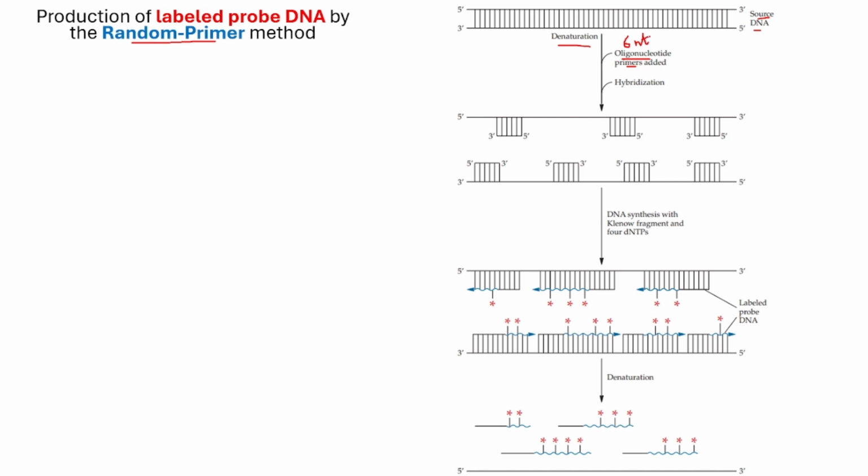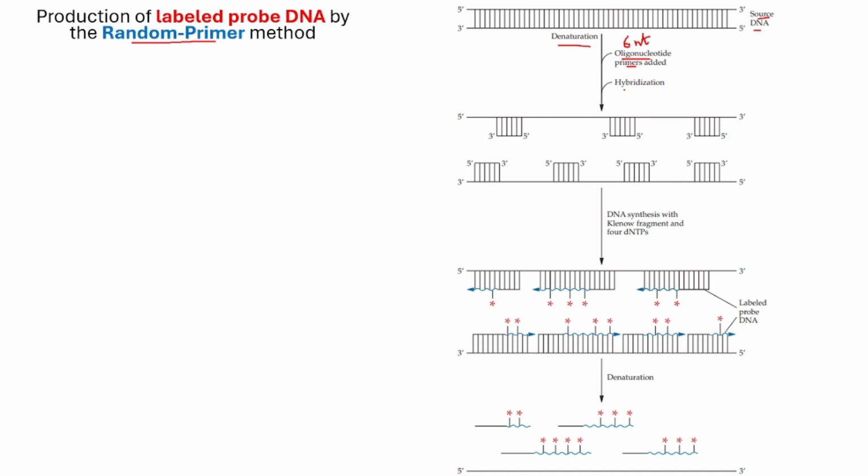They are single stranded, and they have all possible combinations, only of 6 nucleotides, and we add them to the source DNA while it is getting denatured. And we also let it hybridize.